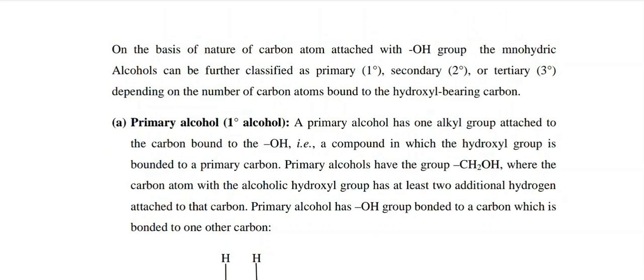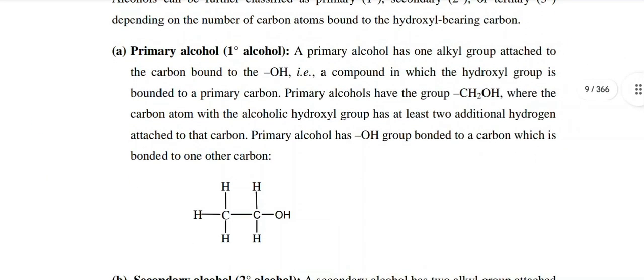On the basis of the nature of the carbon atom attached with the OH group, the monohydric alcohols can be further classified as primary, secondary or tertiary, depending on the number of carbon atoms bonded to the hydroxyl-bearing carbon. Primary alcohols. A primary alcohol has one alkyl group attached to the carbon bonded to the OH, a compound in which the hydroxyl group is bonded to a primary carbon.